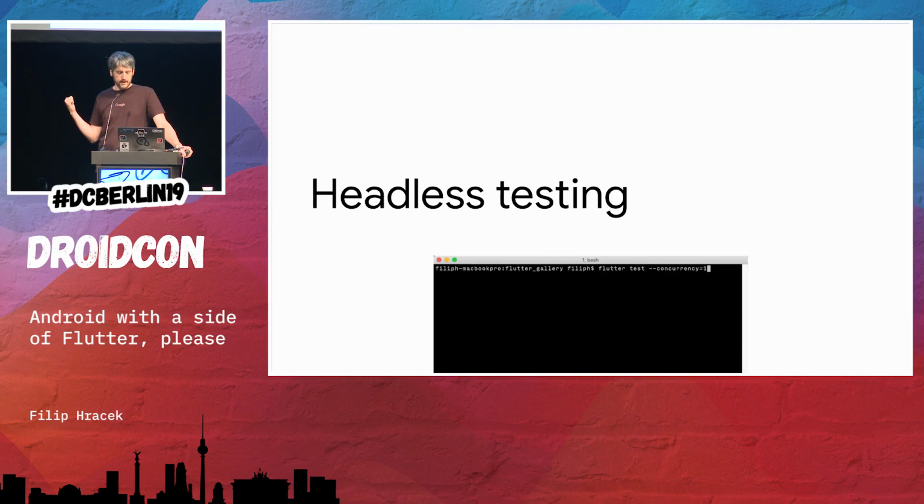So in this case, for example, we're running the smoke tests for the Flutter gallery. These are smoke tests, not unit tests. This is actually spinning up the application and then running it and tapping on different things and verifying that things are actually happening. You can run this concurrently, headlessly, and it will run some 34 tests in about 14 seconds. Something comparable would normally run for minutes.